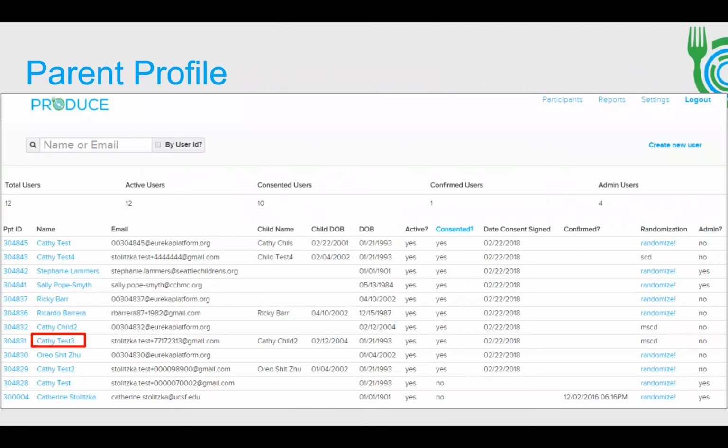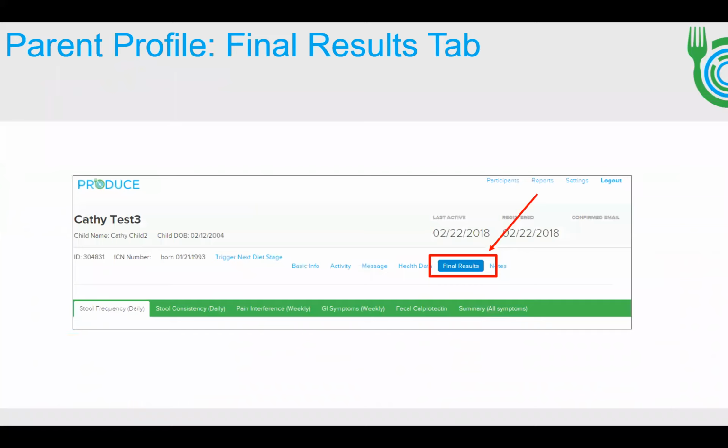And you'll find your particular participant who's coming in for their results review, which you can also search by name or by user ID or participant ID. And then when you pull up that individual patient, or in this case, parent for most of our cases, profile, there'll be a tab that you see listed here that you can click on to access their final results.